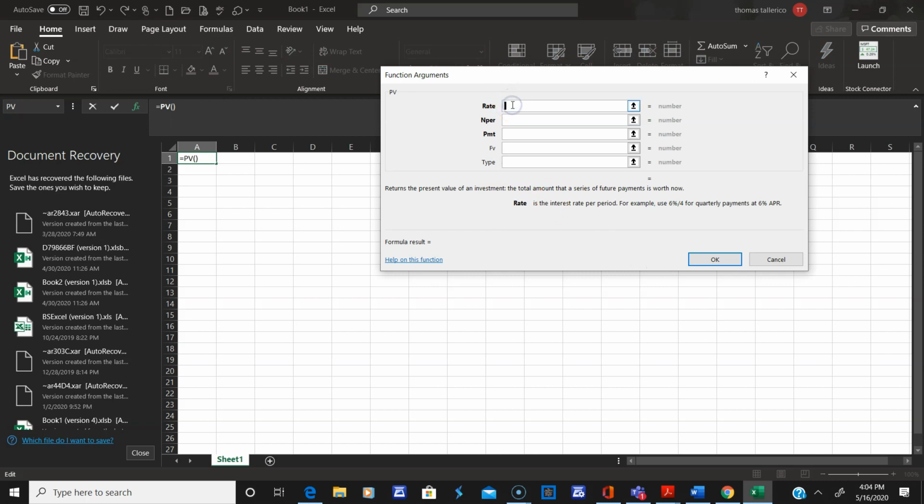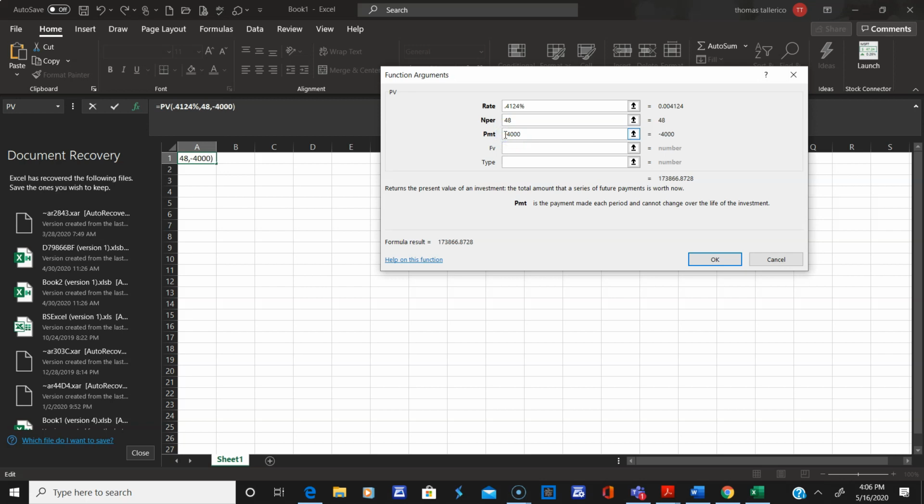Now, what I got to do is put the information we had in here. Okay. So here's the rate, right? We calculated the monthly rate, 0.4124, over 48 periods. And here is the payment, which I should have made negative.